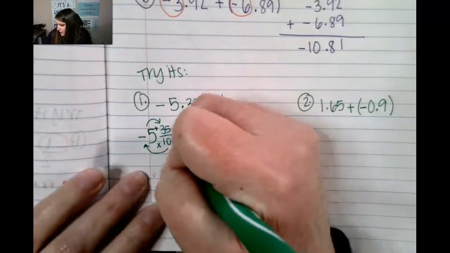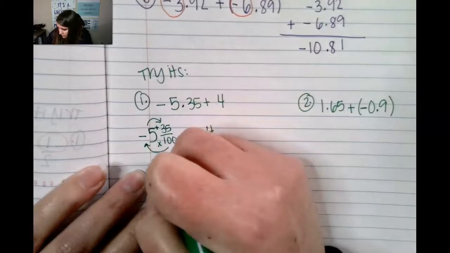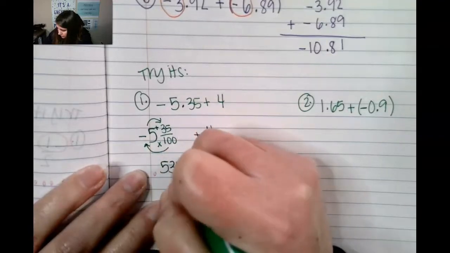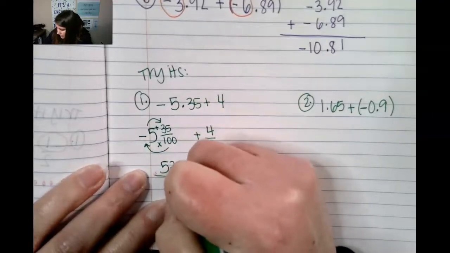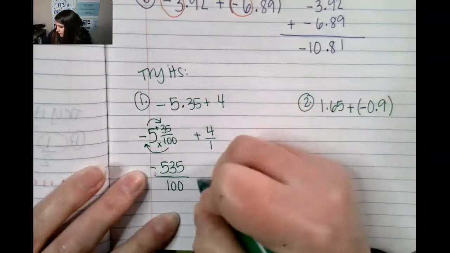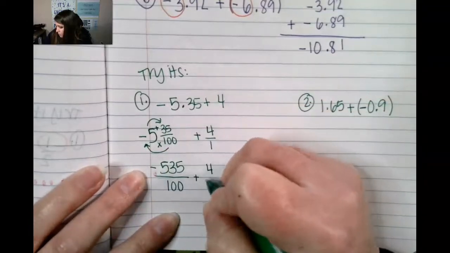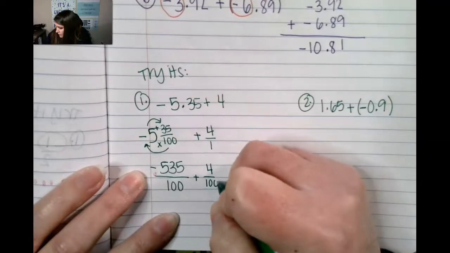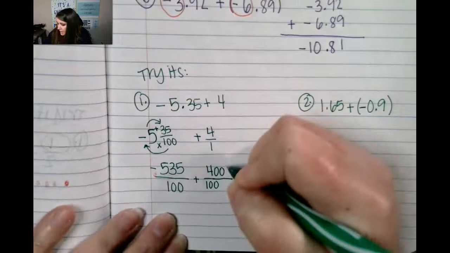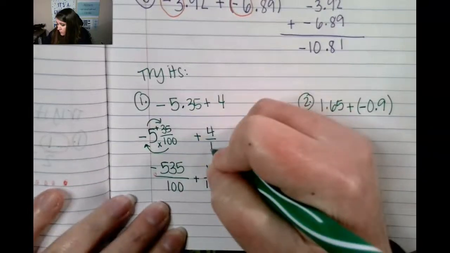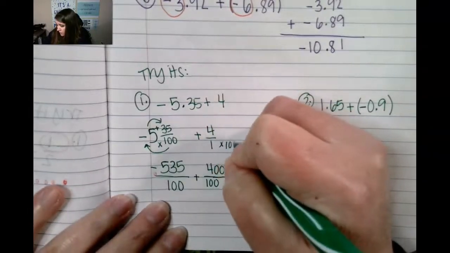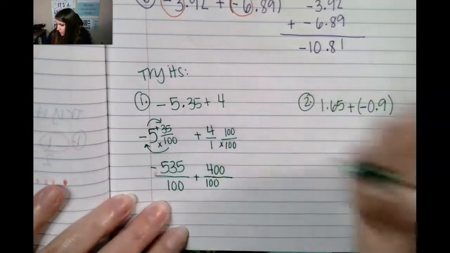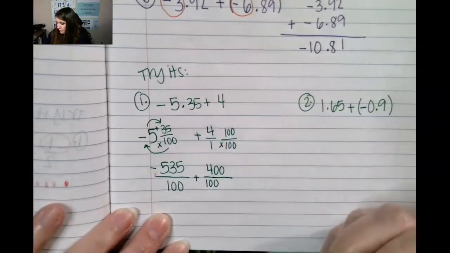So I have 535/100, and this is a negative. Plus, I have 400/100. And the reason why I did that is just because to get from 1 to 100, I would multiply by 100. And when I do the top, I need to do to the bottom.